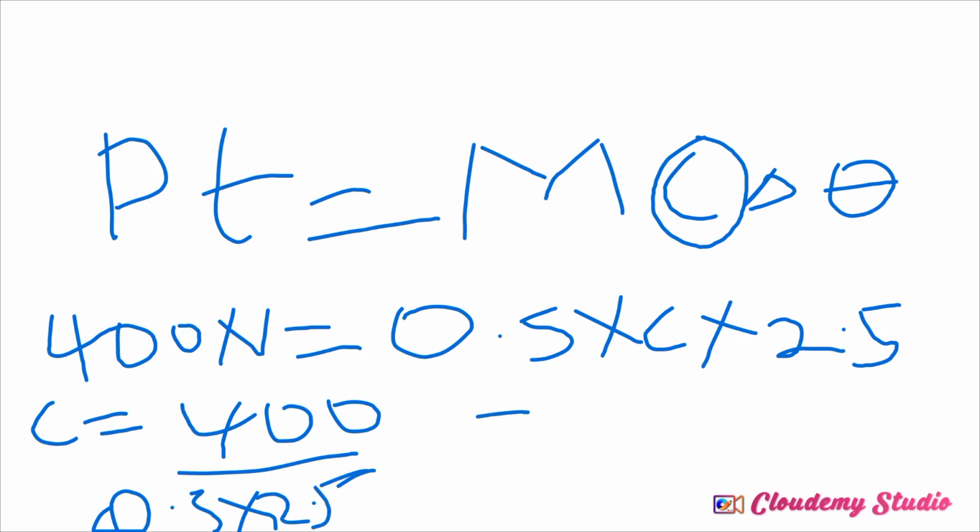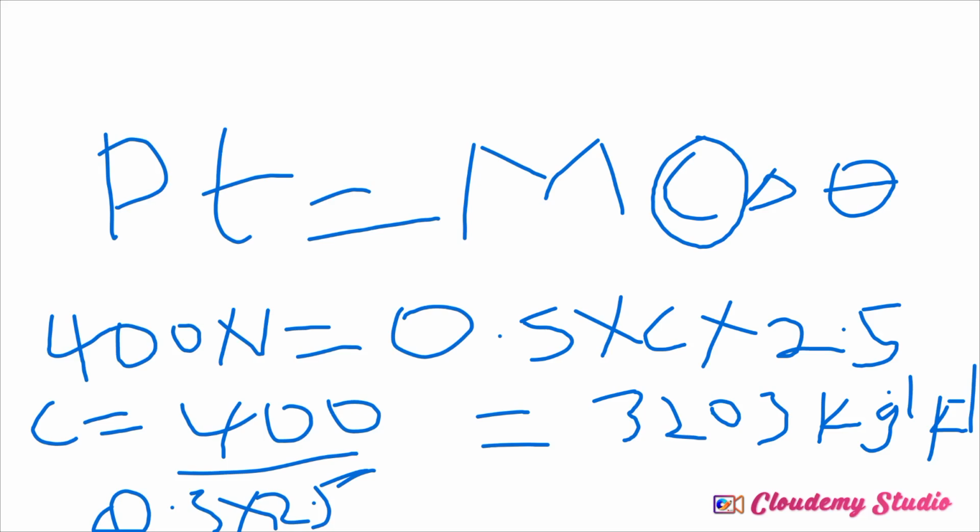Sorry about my handwriting, I don't really have a very fine handwriting. Just try and follow. So that would give you 320 joules per kilogram per Kelvin. So basically that's the specific heat capacity. It's very easy to approach.